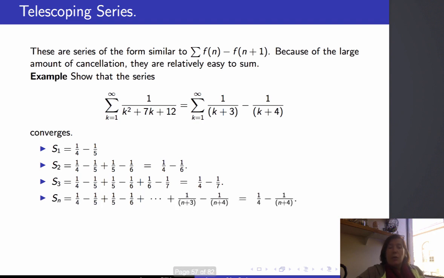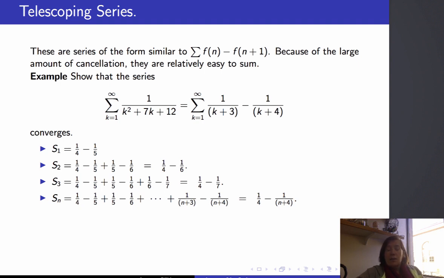And I think you can probably see the pattern here. The nth partial sum is a1 plus a2, and so on, plus an, and everything in the middle will cancel except for the 1 over 4 at the beginning and the minus 1 over n plus 4 at the end. So the nth partial sum is 1 over 4 minus 1 over n plus 4.